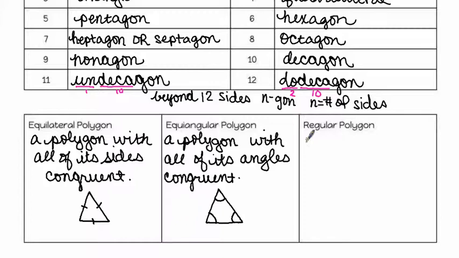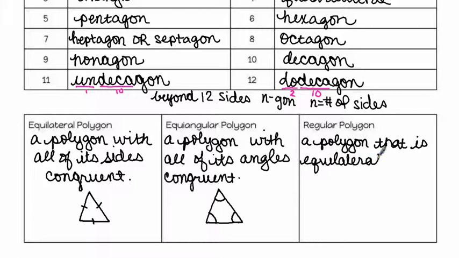A regular polygon is a polygon that is equilateral and equiangular.